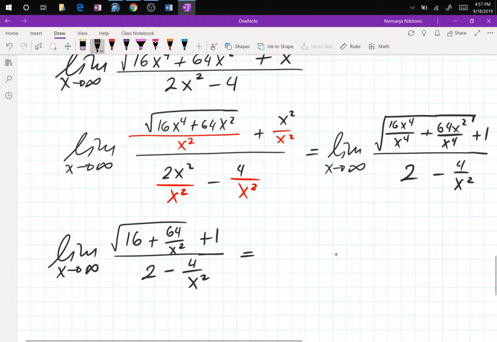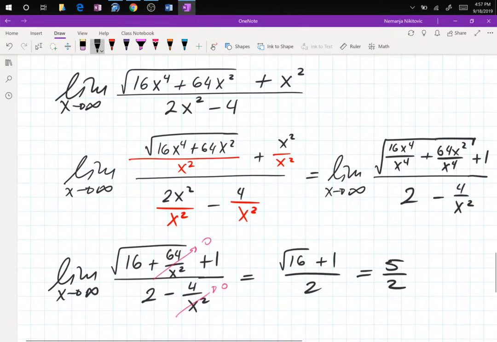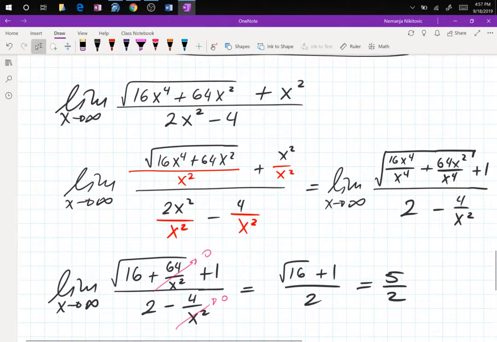And now we have our situation where you are dividing a finite number by infinity. All of them die. 0, 0. What we have is the square root of 16, plus 1, over 2, which is 5/2. And that's the full problem.